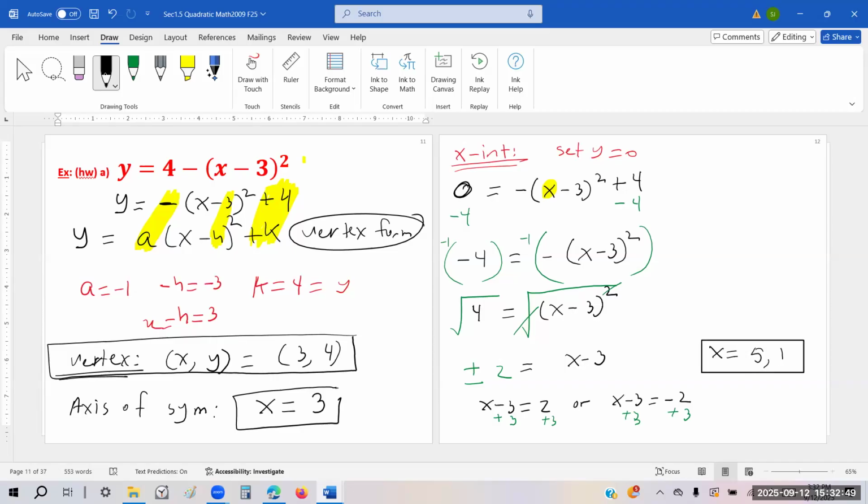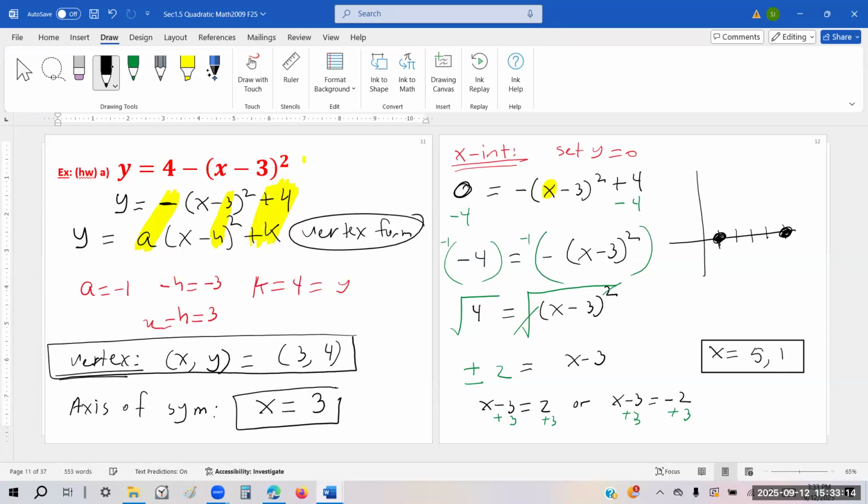So this time we do have x-intercepts, 5 and 1. So let me try drawing the graph here. Since I have my space, let me do it on the left. 1, 2, 3, 4, 5. There is one x-intercept at 1, another x-intercept at 5. And we found the vertex is 3, 4.